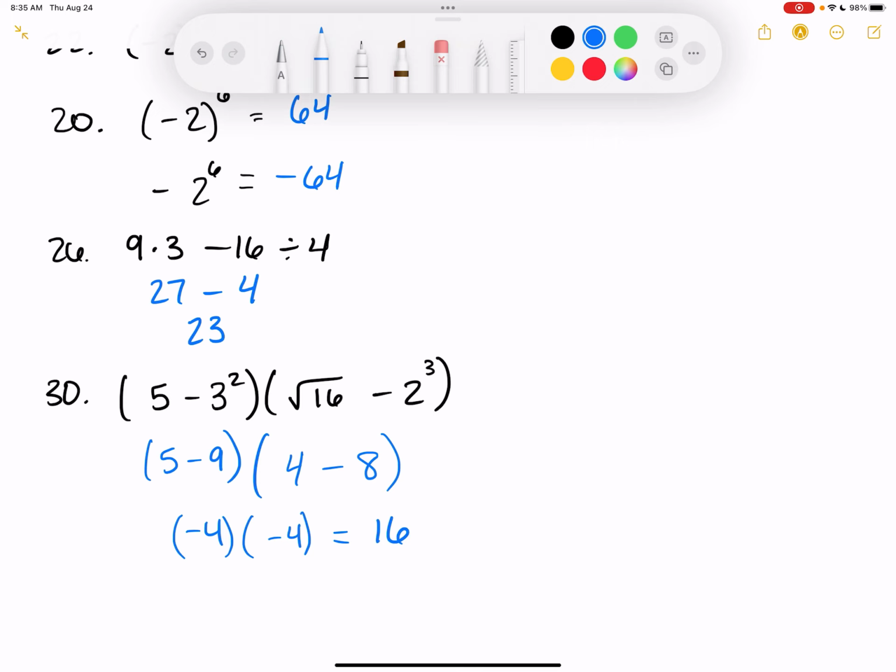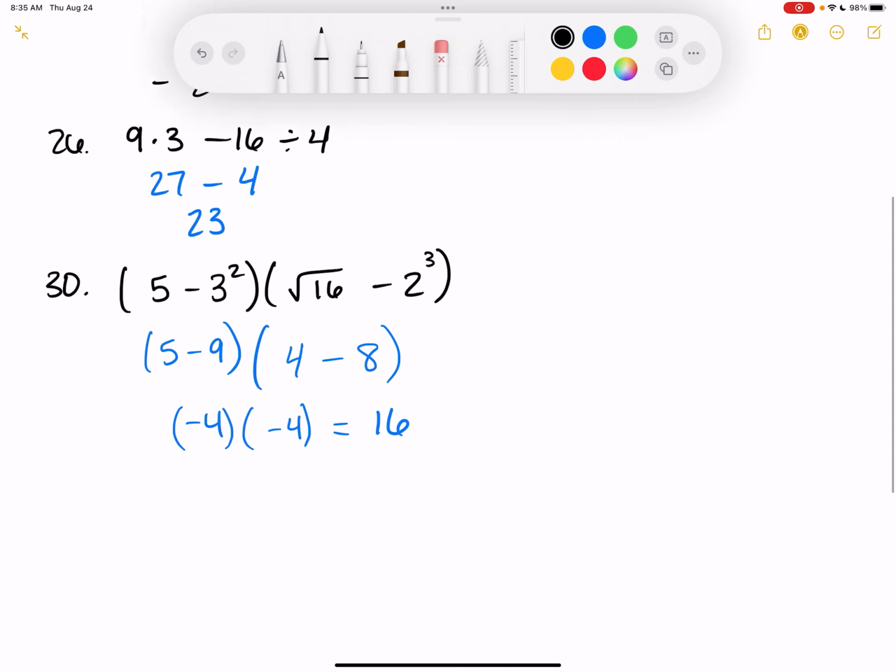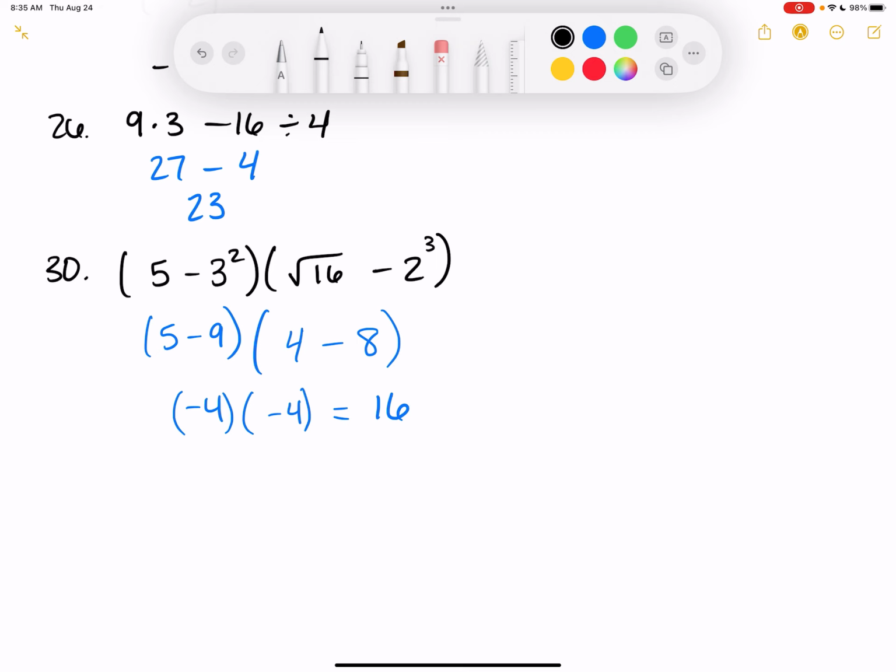All right, these next ones give us some information that we need to be able to solve the problem. It tells us that P is equal to negative 4, Q is equal to 8, and R is equal to negative 10. Basically they give us problems with those letters in it, and we'll just be replacing them.